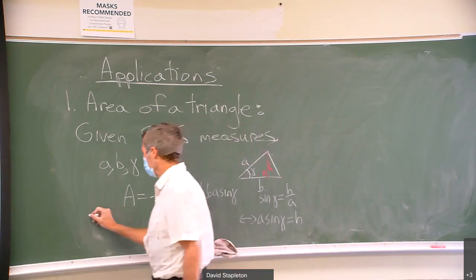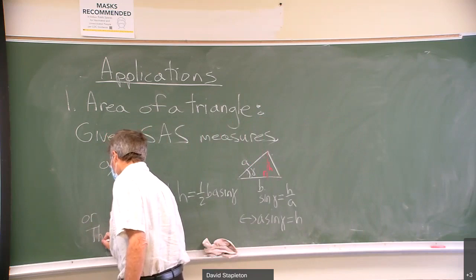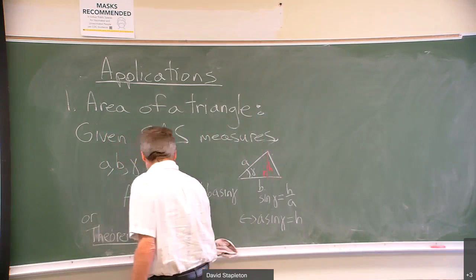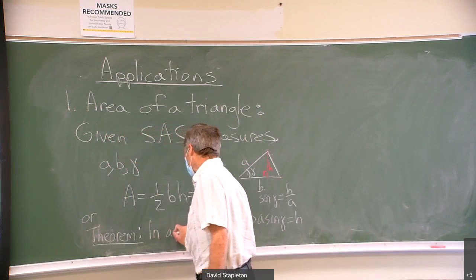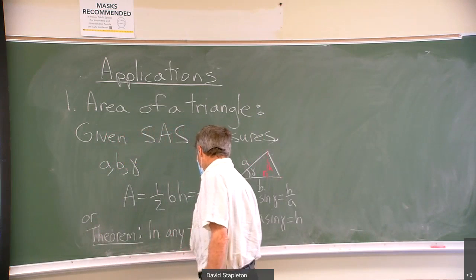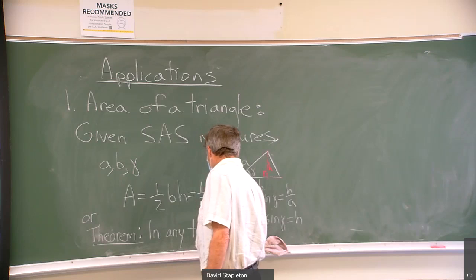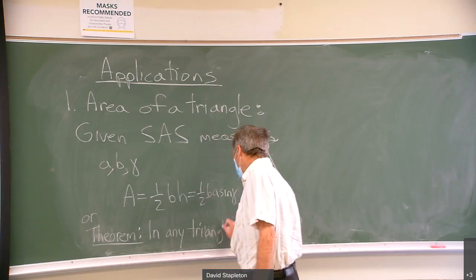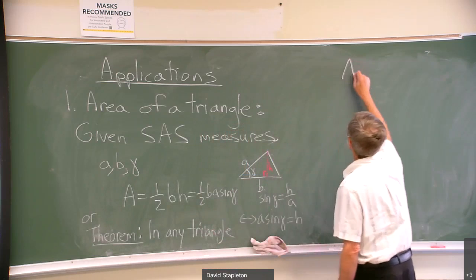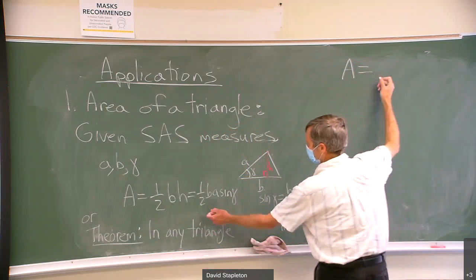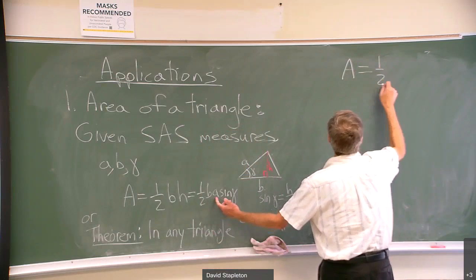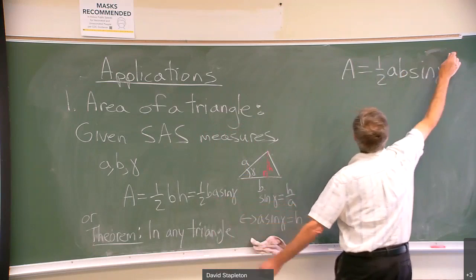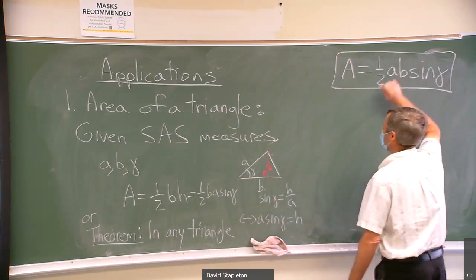What I've got is a theorem in any triangle: given the lengths of sides A, B, and the measure of angle gamma between them, the area is equal to, I'm going to reorder this, 1/2 AB sine gamma.